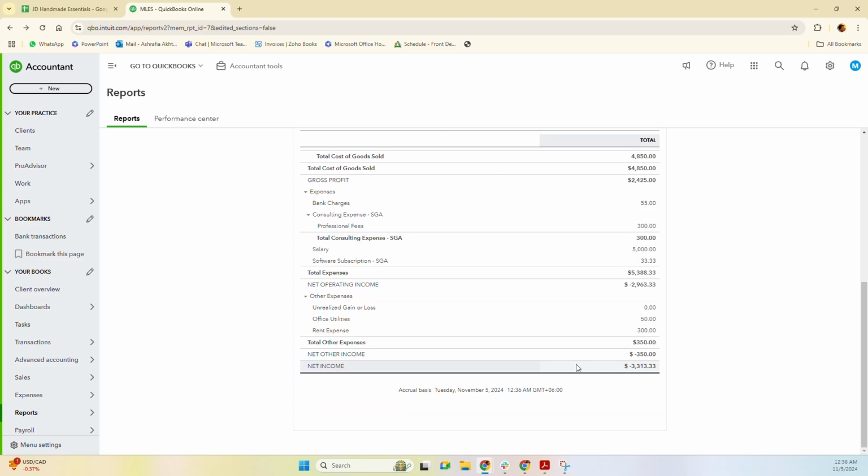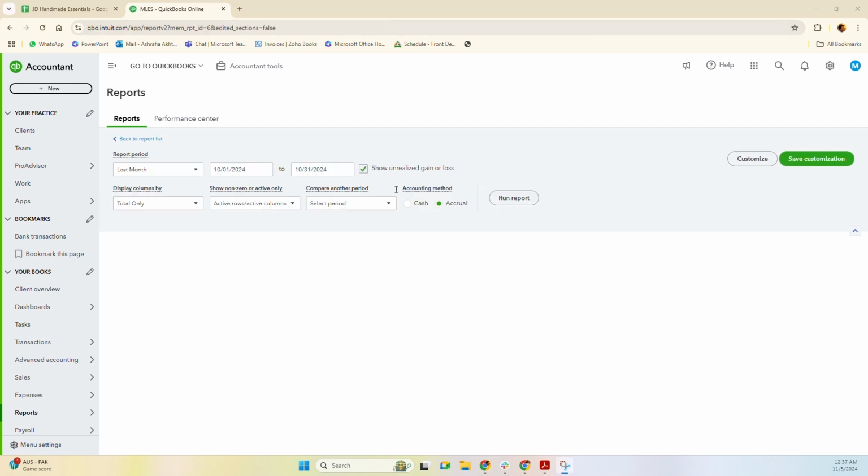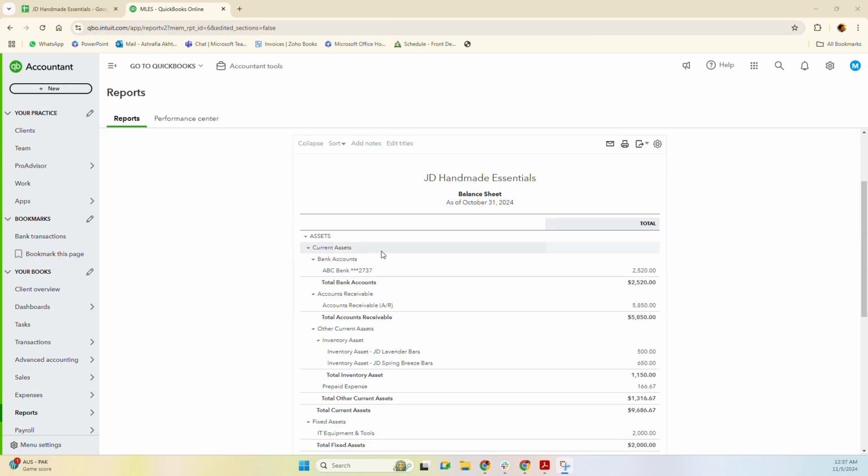Now let's go to our balance sheet. This is the JD Handmade Essentials balance sheet as of October 31st, 2024. We have 2520 USD in our bank account. Our receivable totals 5850.